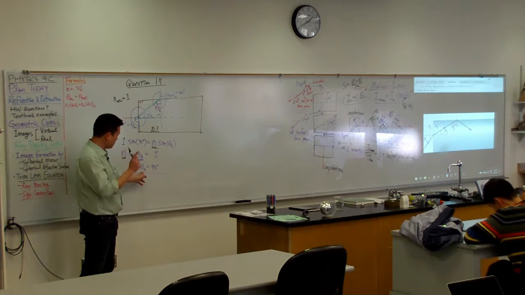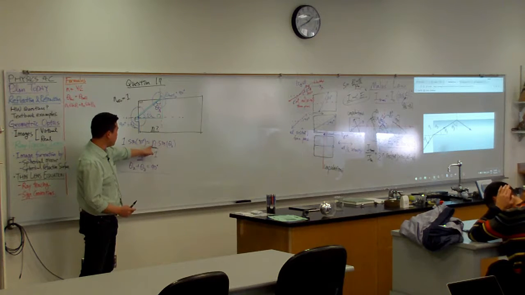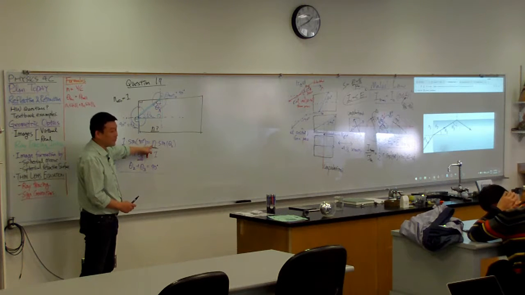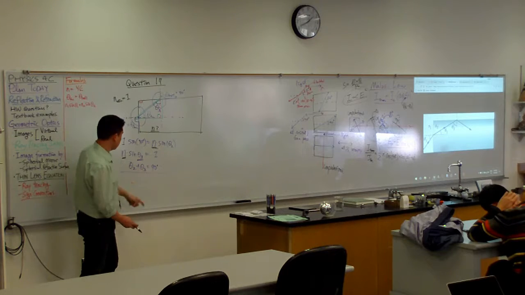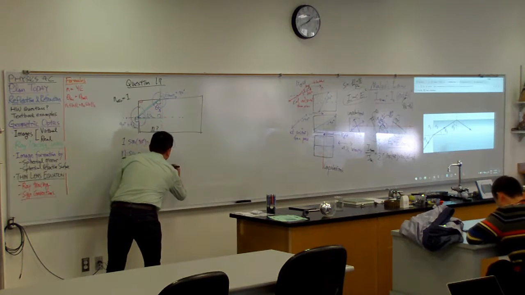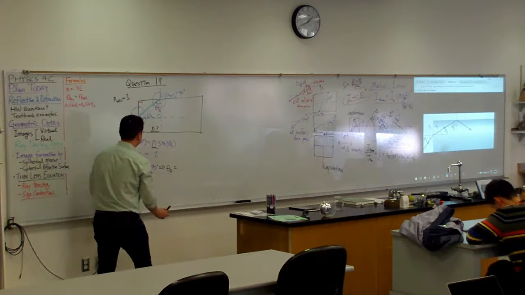One of the things this means is that I will not solve anything for n until the very end, because whenever I solve for something, it's because I'm trying to eliminate it. For example, I'm going to solve this for theta 3. So theta 3 is equal to 90 degrees minus theta 2.